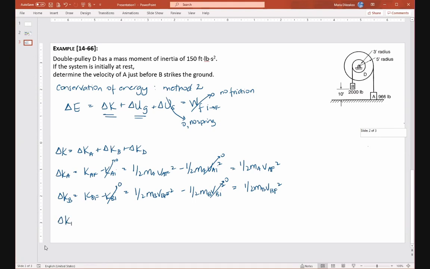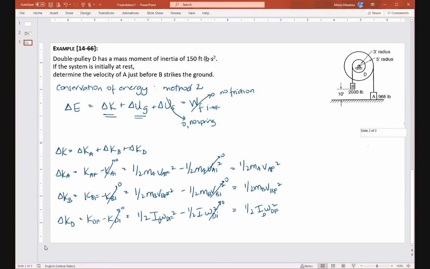Change in kinetic energy of the pulley, K pulley final minus K pulley initial. Now it's a pulley, it's rotating, so it's 1/2 I omega D final squared minus 1/2 I omega D initial squared. Starts from rest, so this is 0. We have 1/2 I D omega D final squared.